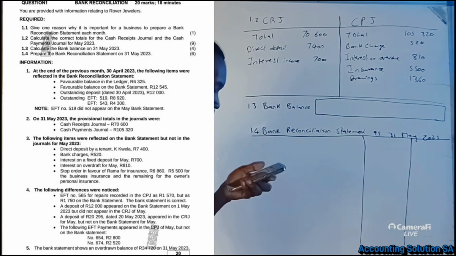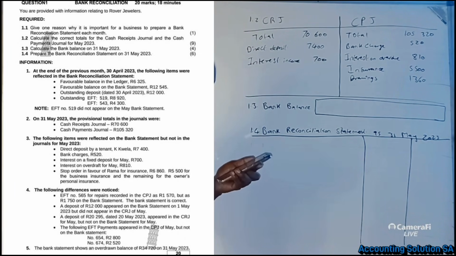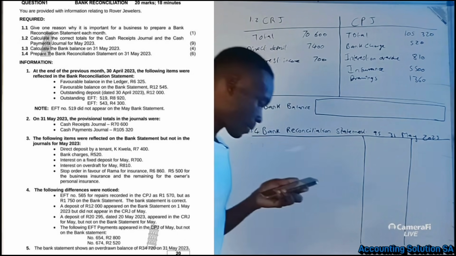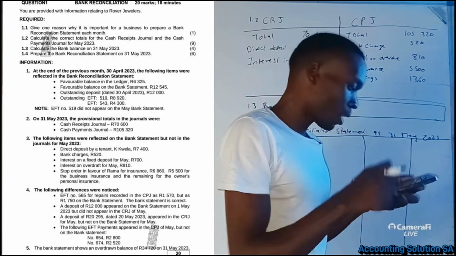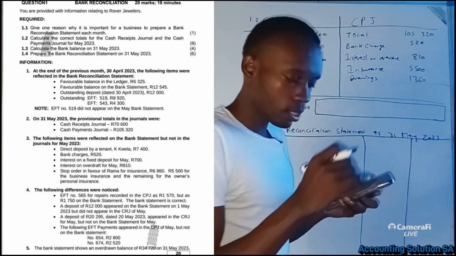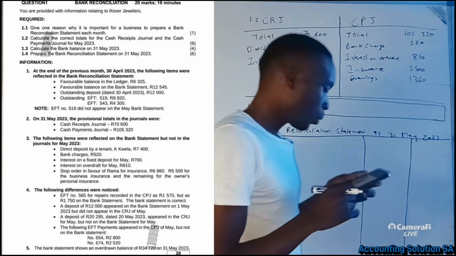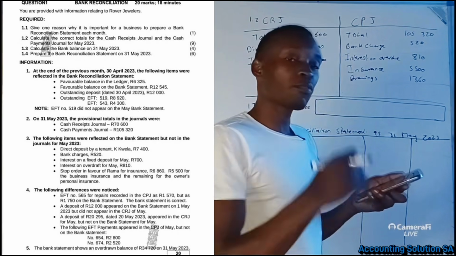Number 4, they say the following differences were noticed. EFT number 565 for repairs was recorded in the cash receipt, cash payment journal as 1,570, but 1,750 on the bank statement, and the bank statement is correct. In other words, we recorded a lower amount instead of the higher amount.